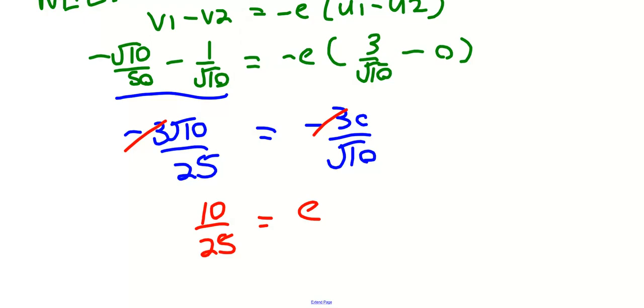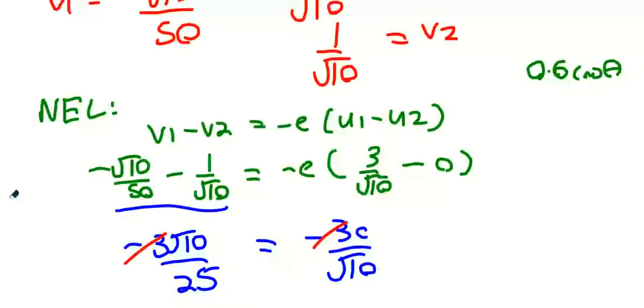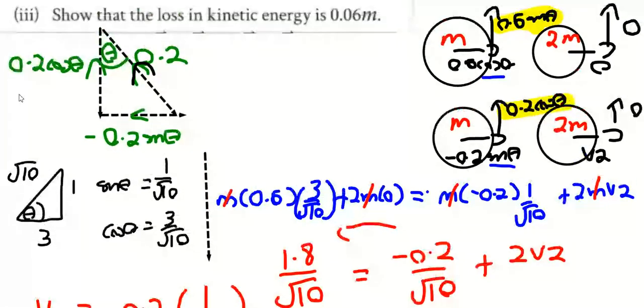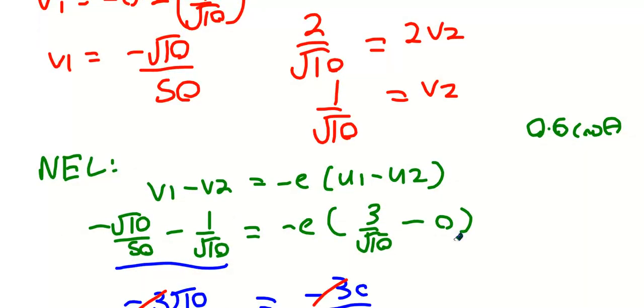We made a mistake. One of the lads told me I think I got it wrong: the speed before the collision is 0.6 cos theta, and that's 0.6 times 3 over root 10, right? So I just forgot the 0.6.